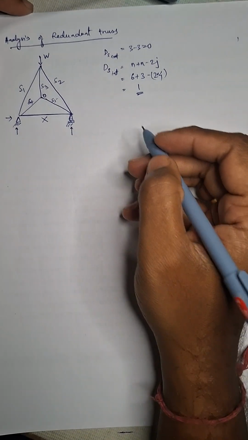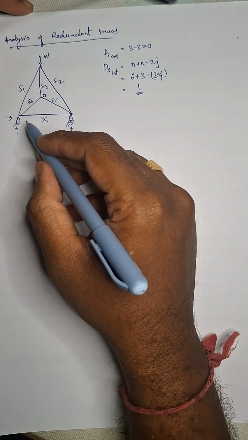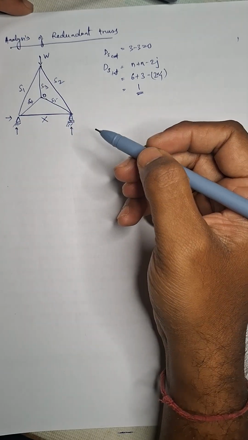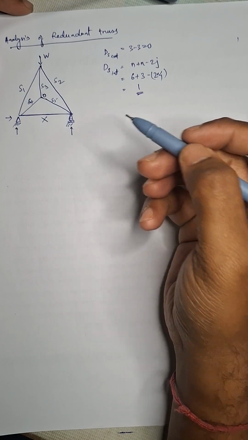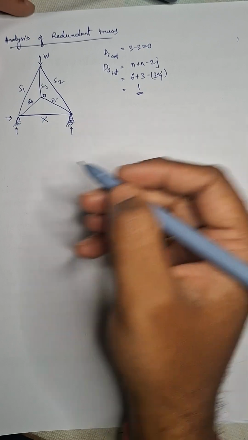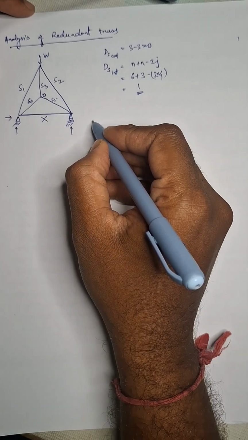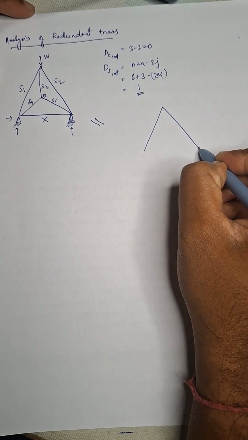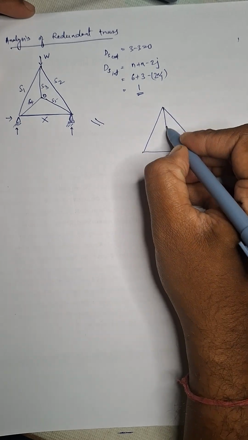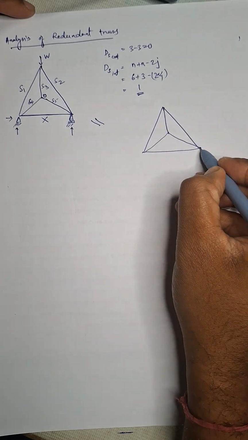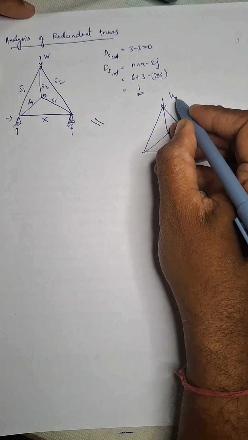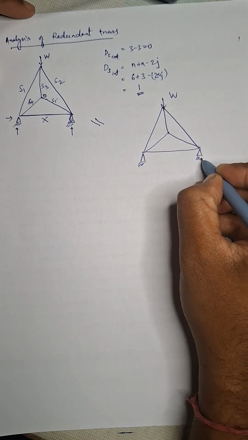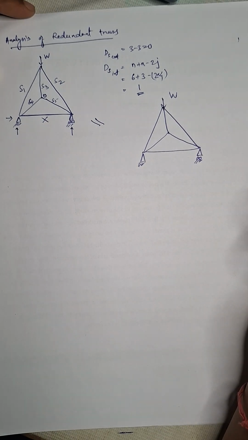So instead of the member, if I remove the member, I can apply the same member force instead of the member like this. So I can write this as the same W is applied, and this is hinged and roller support.